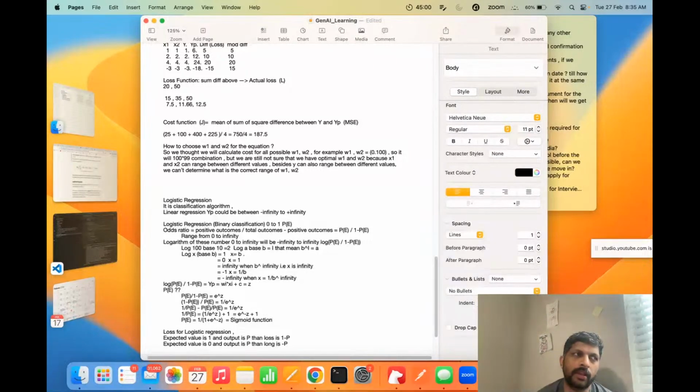Again, these values are represented by probabilities. That means p output itself is within the scale of 0 comma 1, correct?